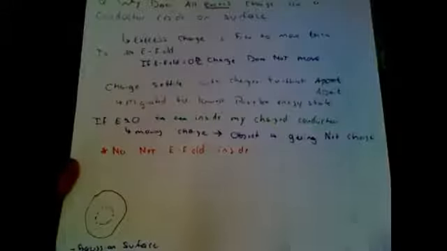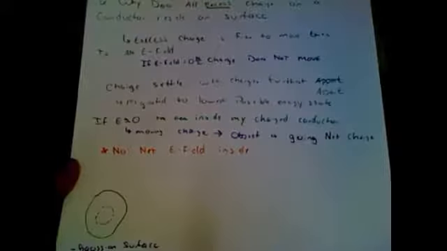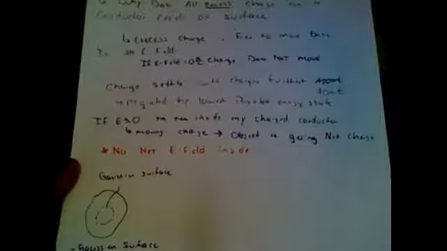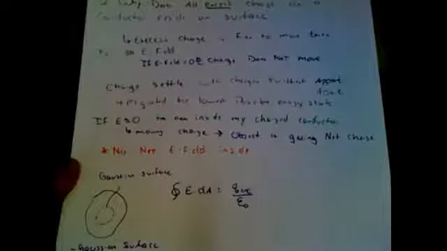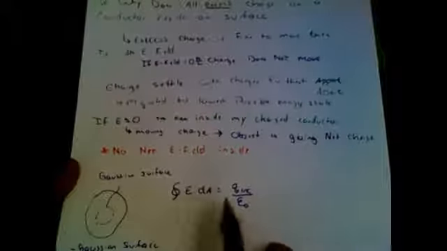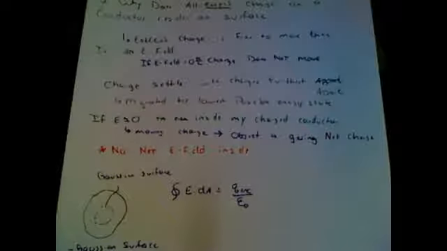Well, if there's no net electric field inside my conductor, here I drew a surface already, and I dotted this as a Gaussian surface. So I'm enclosing some part of my object. Gauss's law states that the surface integral of E dot dA is equal to Q enclosed over epsilon 0. This is some arbitrary object, and I don't even know what the area is, however, I don't care about it.